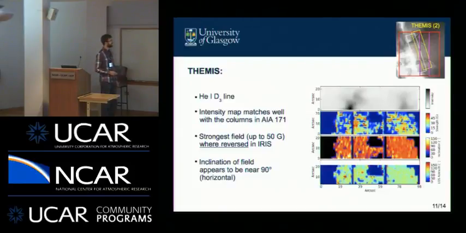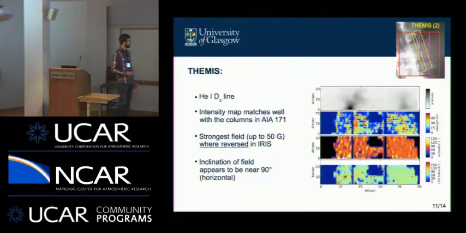The second panel here shows the magnetic field strength. Now we see the strongest field in these 2 prominence legs, up to 50 Gauss, and this again is co-spatial with where we see the reversal in IRIS. So we can start to think about magnetic pressures and that sort of thing with this data.